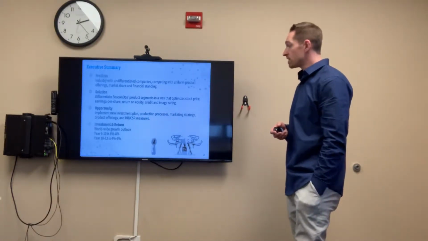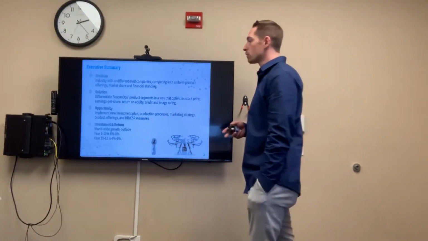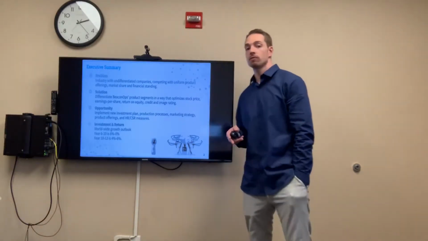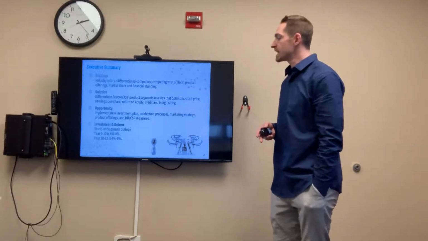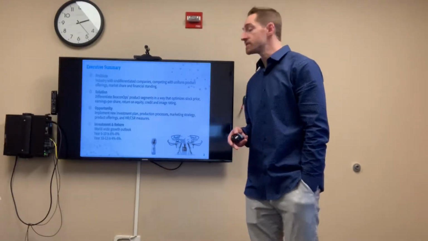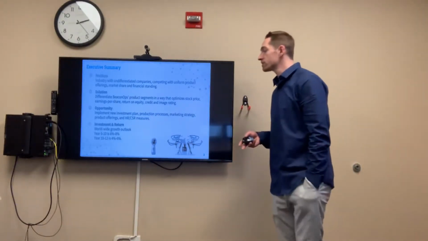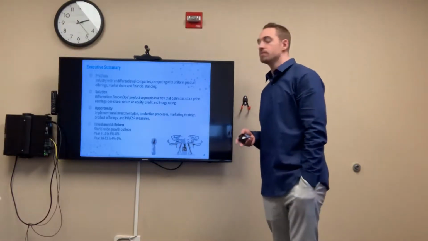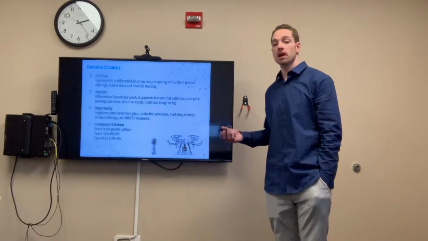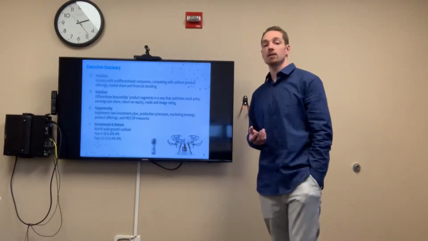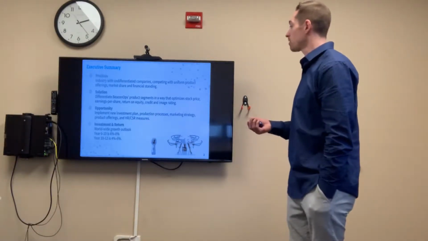And lastly, the investment and return. The worldwide growth outlook for our industry from year 6 to 10 was a 6 to 8% increase, and then from year 10 to 12, it was to be a 4 to 6% increase. So we saw that there was a lot of opportunity there, and we then implemented our strategy.